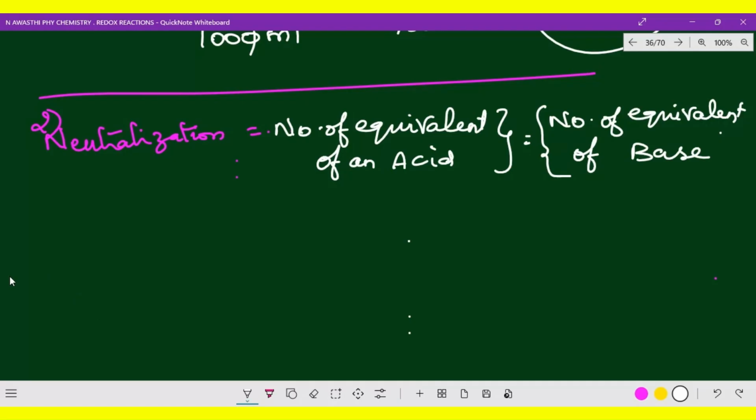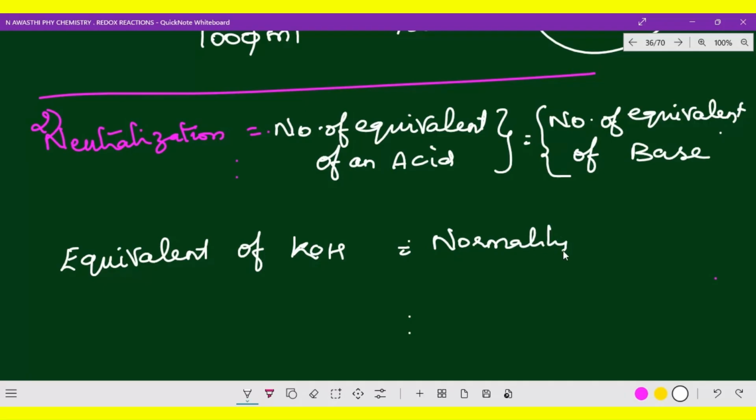So if we identify the equivalent of KOH, the base, this will be easy for us, because they have given the normality and volume values. So equivalent of KOH is equal to normality into volume. Just now I mentioned, normality into volume. So equivalent is equal to normality into volume.